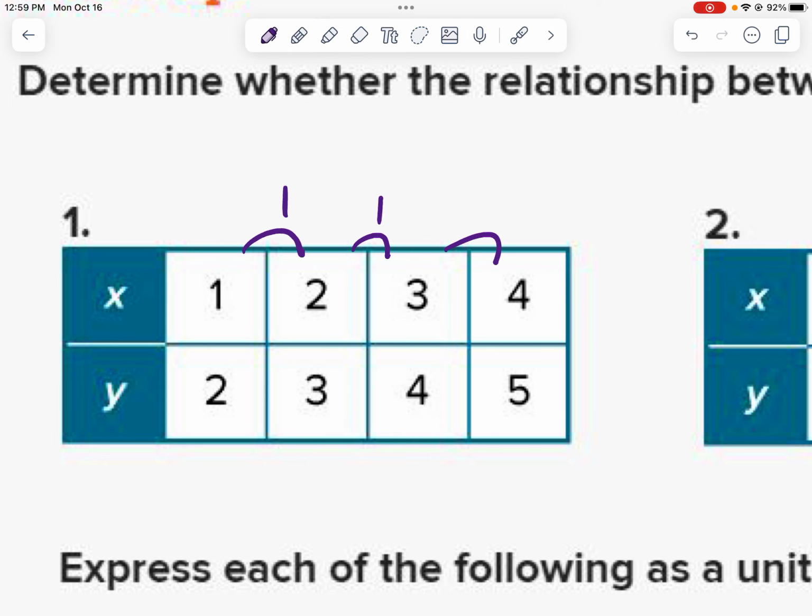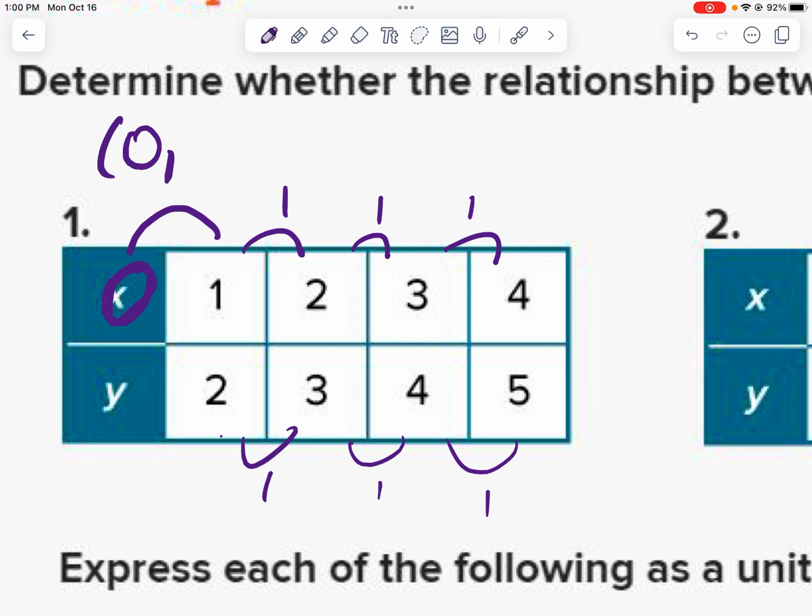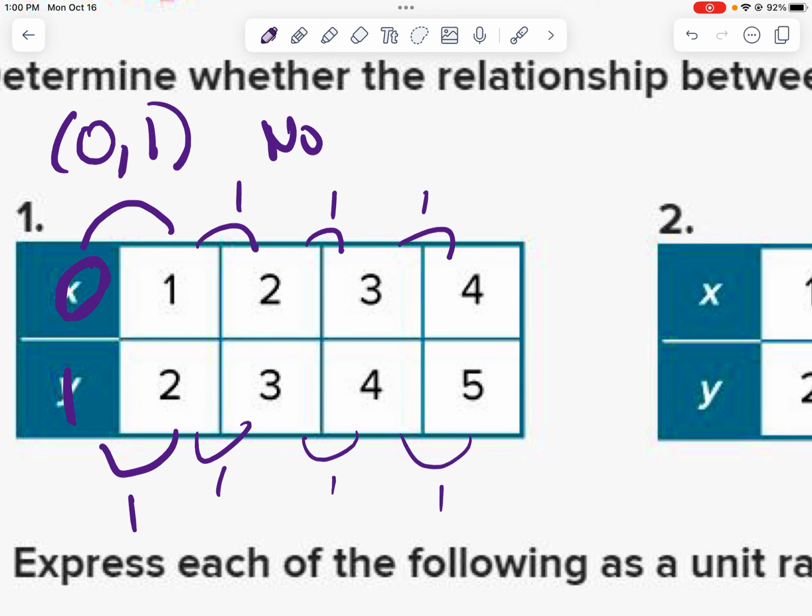It's going up by 1. So if I was to go back by 1 here, I would subtract 1 and I would get 0. If I would go back by 1 here, that would get me 1. So is that point 0, 0?